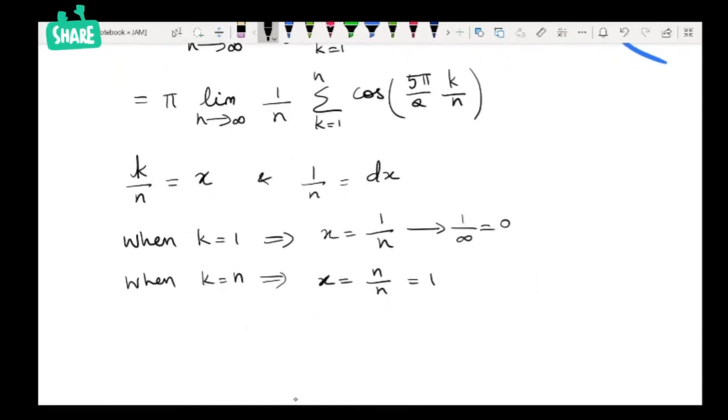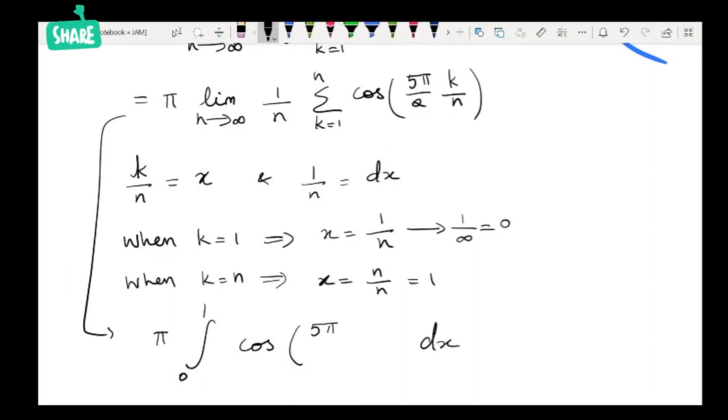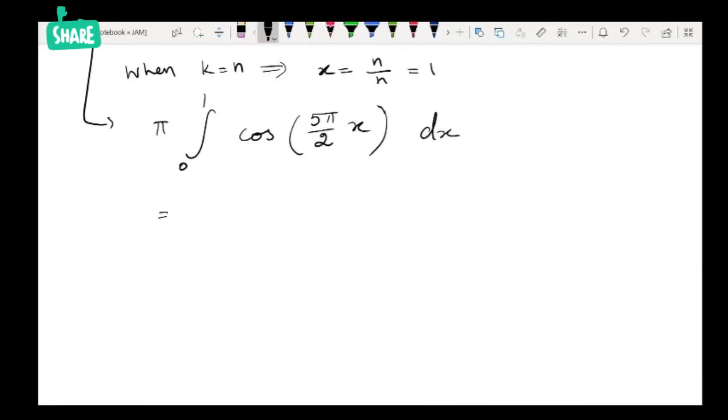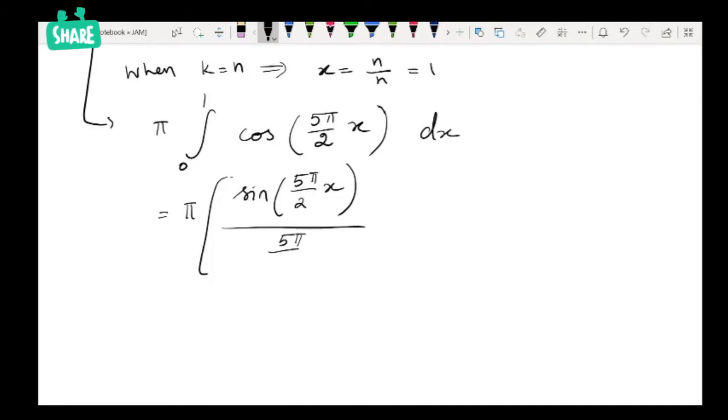So I'm going to write this series in terms of an integral: pi into integral from 0 to 1. This 1 by n can be replaced by dx, and cos of 5 pi by 2 k by n is replaced by cos of 5 pi by 2 x. So the integral of the cos function is equal to pi, integrating cos, you will get sine of 5 pi by 2 x divided by the coefficient of x, 5 pi by 2.